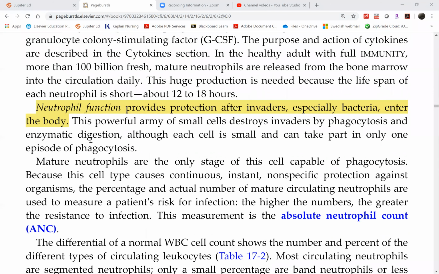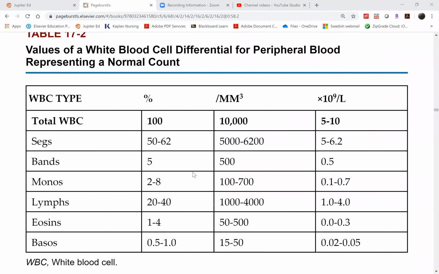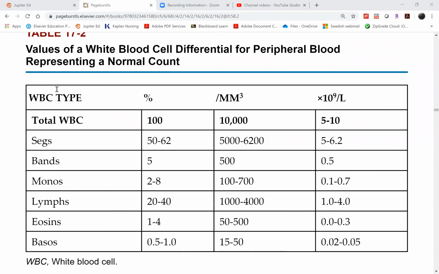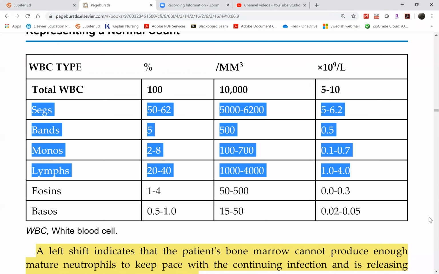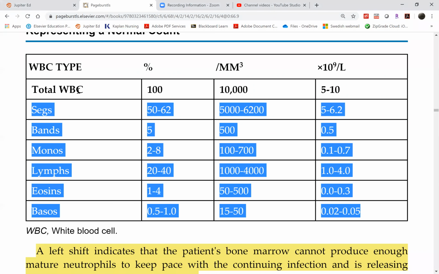So here's the left shift in bandemia. This is the breakdown of your white blood cells. So when we have a total WBC count, let's say 10,000, a normal or regular CBC, a complete blood count, won't give you this breakdown. This is not available. All you have is the total white blood cell count.